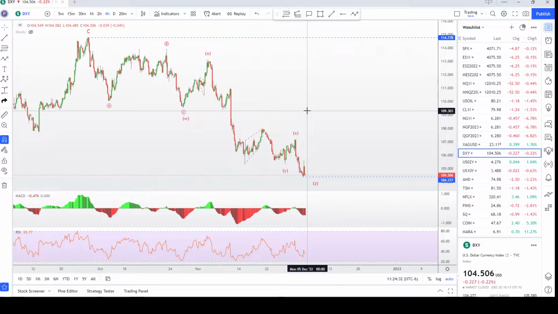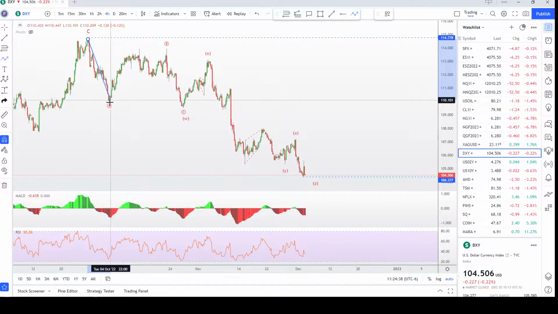The other alternative is that this is A, B, and then this is, because this move down is a diagonal.